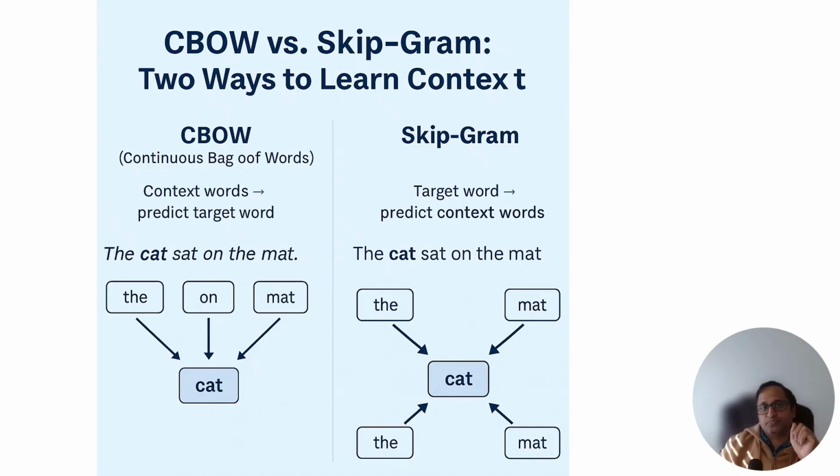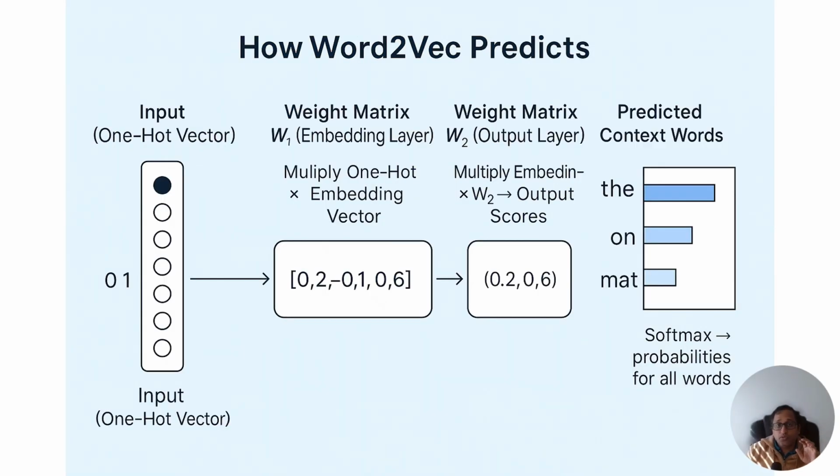So let's look at what happens inside word2vec during the forward pass. This is where the model predicts which words are likely to appear near a given word. We are going to see this in action in the code, but let's understand the concept. We start on the left with our input word, cat. The model doesn't understand text directly, so we first convert cat into a one-hot vector.